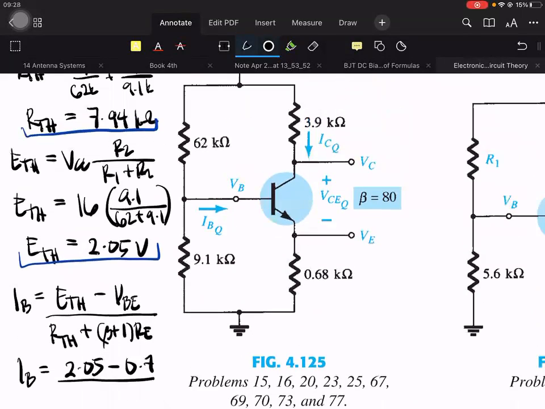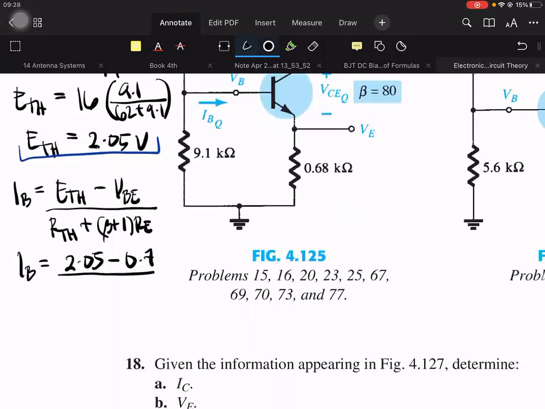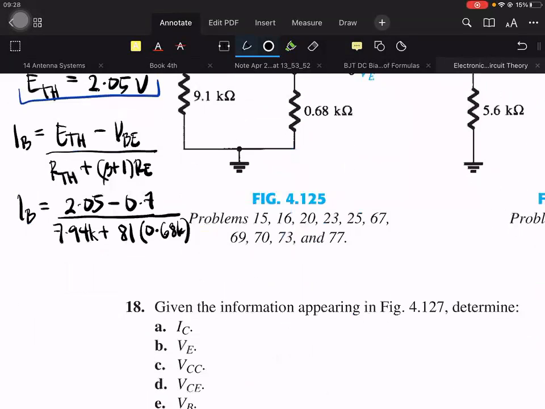So RTH is 7.94 plus 81 times 0.68. That is about 63K. Therefore, IB is equal to 21.42 microamperes.